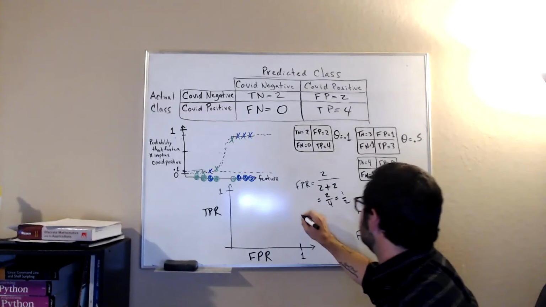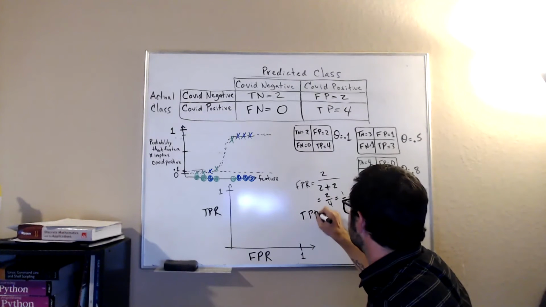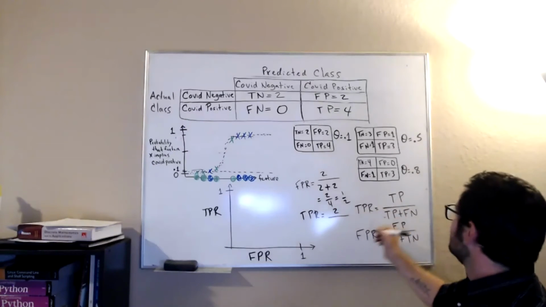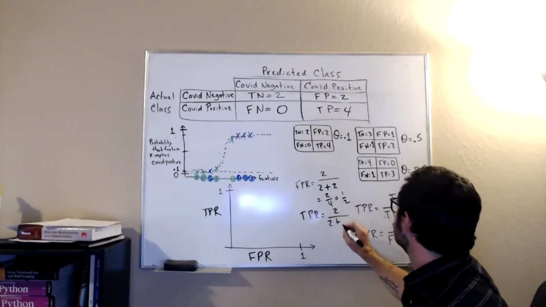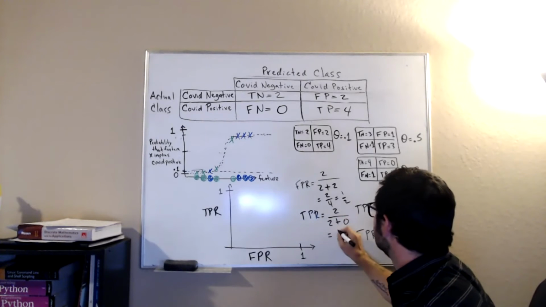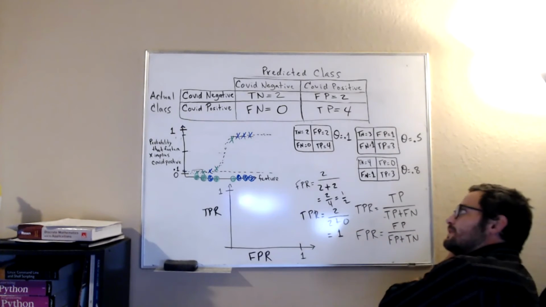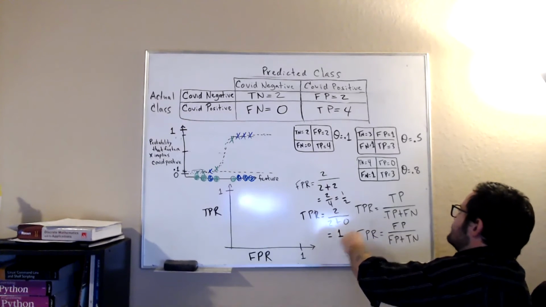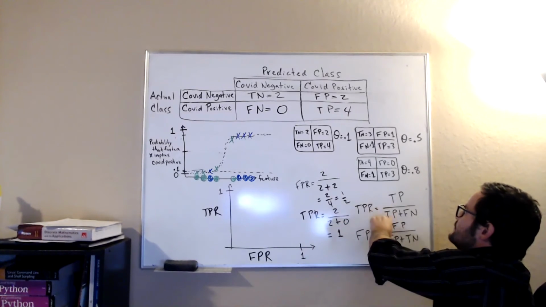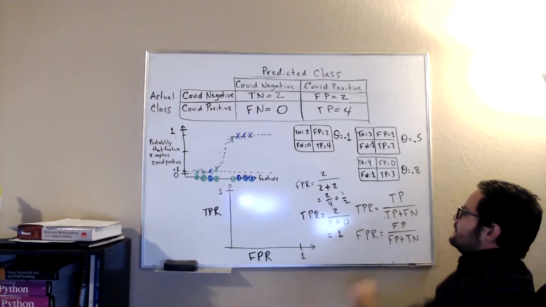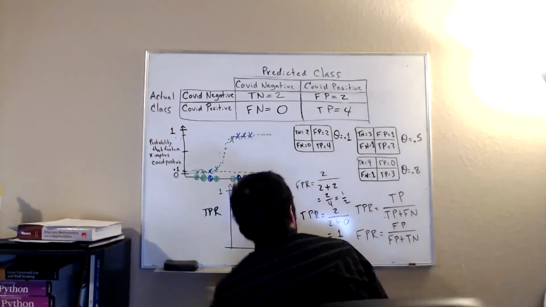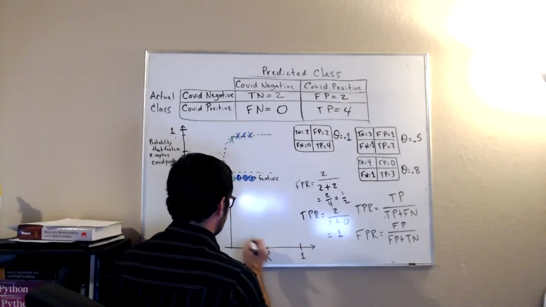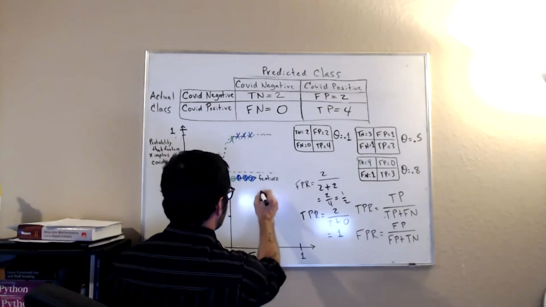And then the true positive rate is going to be 4 over 4 plus false negatives 0, which is 1. So false positive rate is 1/2, true positive rate is 1. So that point in this plane will be here's a half, and then up here.